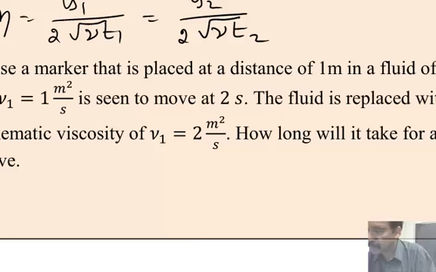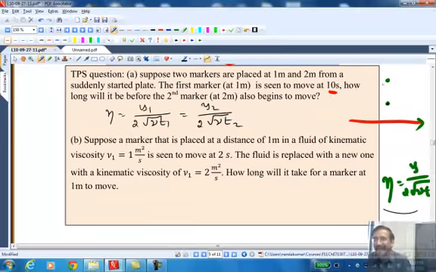Say it's 0.01 meter per second. And I'm waiting longer, and I want to know when this velocity becomes 0.01. So if the velocities are the same, the only way is if the eta values at those two positions are the same. So you impose a condition that the eta at these two instances must be the same.